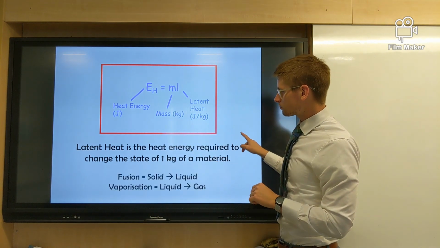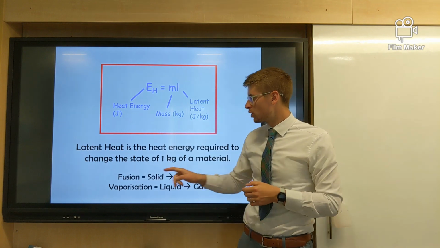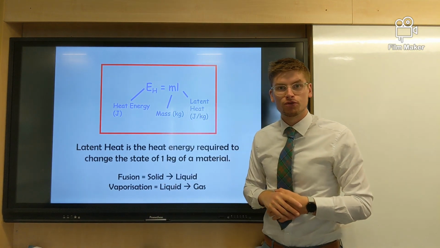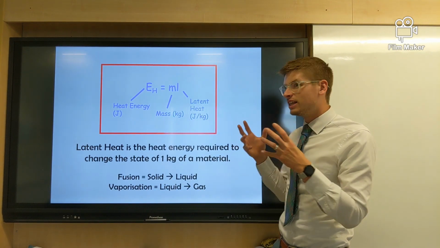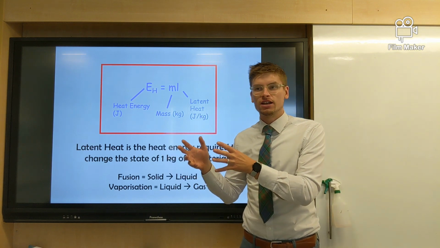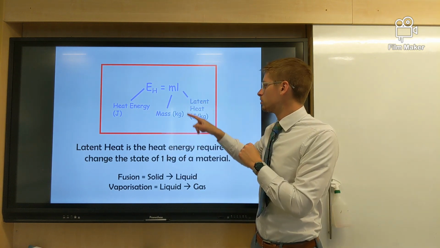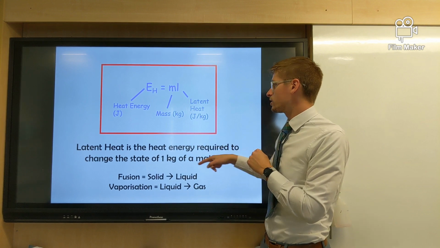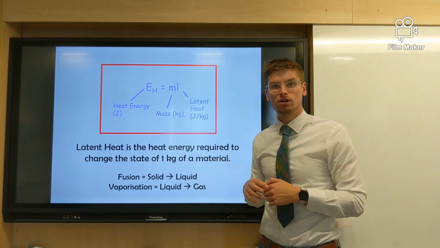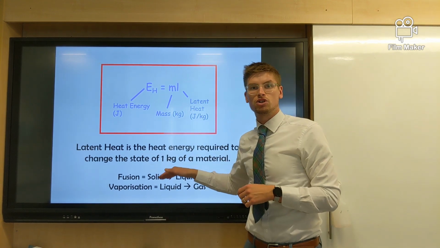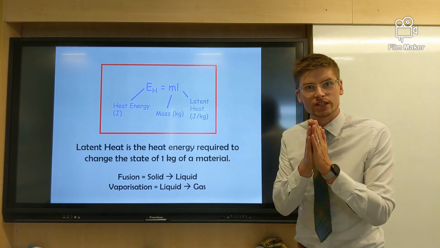They have 2 different names. The first name is fusion. The latent heat of fusion is the heat energy required to change the state of 1 kilogram of material going from solid to liquid, liquid to solid. So latent heat of fusion is in your data booklet.